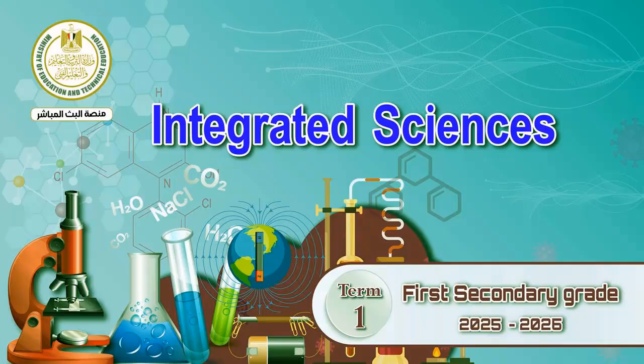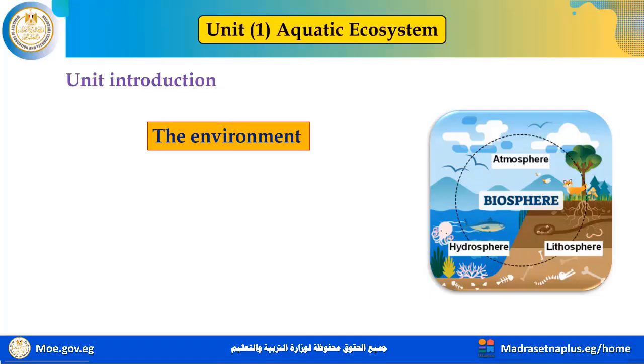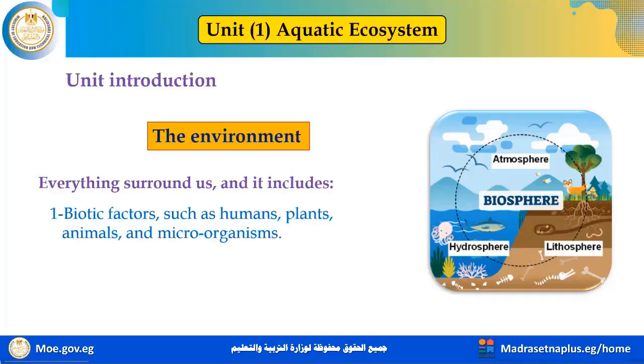First of all, let's discuss different concepts related to this unit. Introduction. The environment. First of all, I want you to know the meaning of the environment. The environment is everything surrounding us, and it includes two main factors.